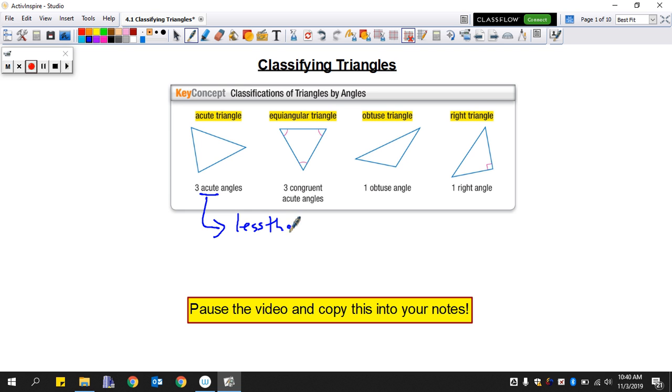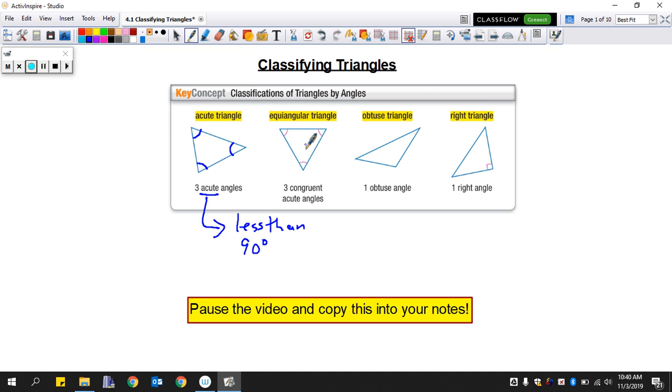So if you have a triangle where all the inside angles are less than 90 degrees, that would be classified as an acute triangle.